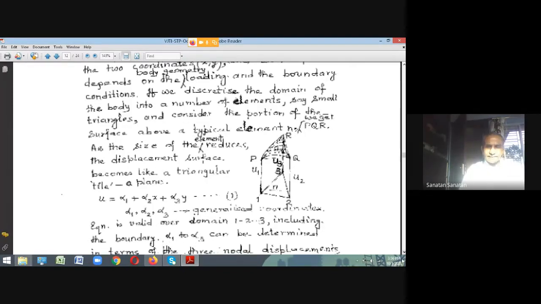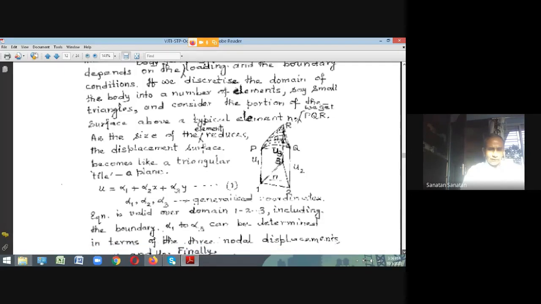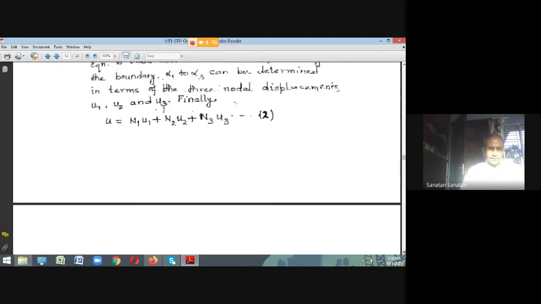So these are three equations, because it's valid at the three corner nodes. I have three equations to solve for three unknowns, alpha 1 to alpha 3, and if we solve and write in a short form, it's going to be nothing but u equal to N1 u1 plus N2 u2 plus N3 u3.